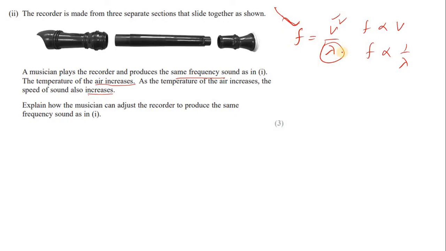So lambda has to increase because it is inversely proportional. And of course you can increase the wavelength by increasing the length of the air column by adjusting the slider in the tube. So wavelength has to increase, so the air column has to increase by adjusting the air column.